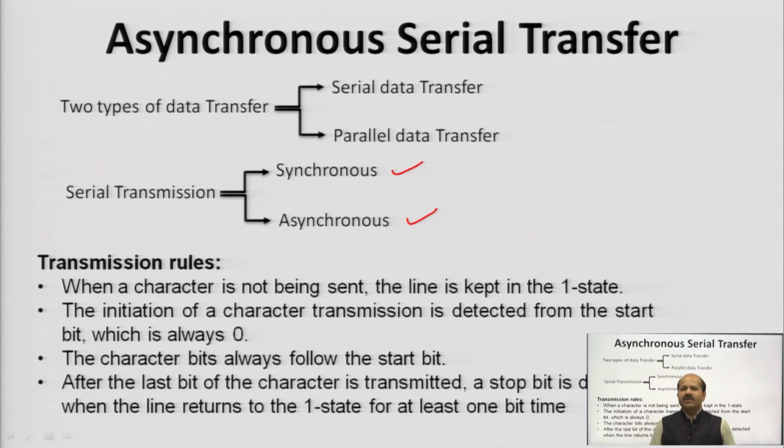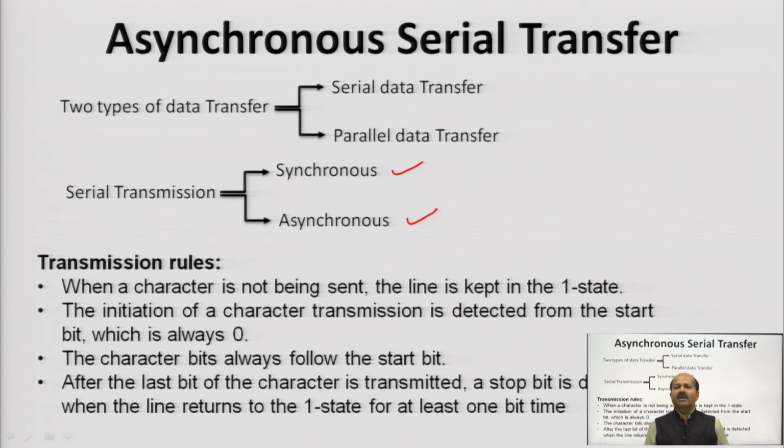So, we need a shift register in that case, which can shift one bit at a time. So, what are the transmission rules we need to understand in case of asynchronous serial transformation? We have to see the information character and attach some extra bits with each information, so that both the devices are properly informed.